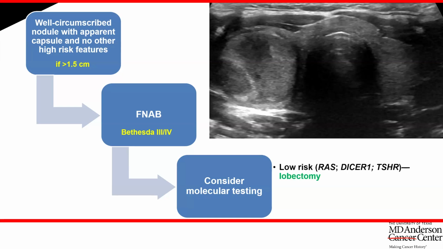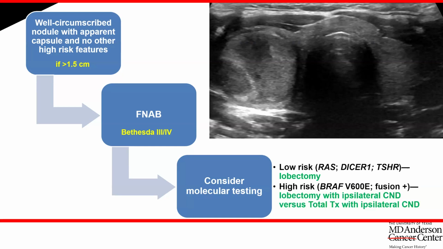And then if you have that data to put it all together, you can say, okay, I've got this low-risk looking tumor and I have a low-risk oncogene identified. Then this is a patient who really can be treated with lobectomy alone. If we find a high-risk molecular driver, BRAF V600E or a fusion, then I know this is a cancer for sure, and I'm going to do surgery.